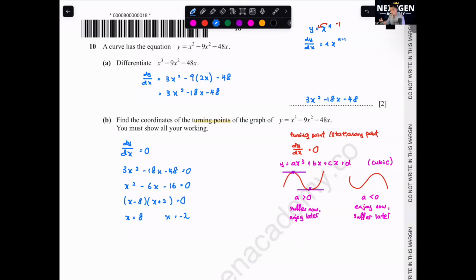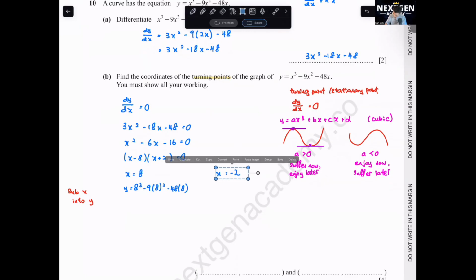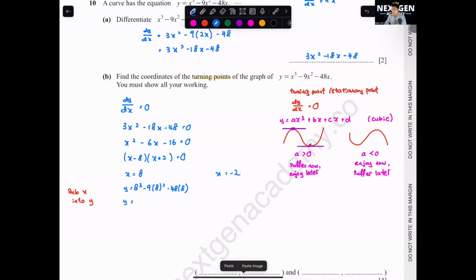You need to find your y value. To find the y value, you substitute the x into this equation. So y equals 8 cubed minus 9 times 8 squared minus 48 times 8. Give a bit more space here. The value for this, we just type the whole thing into the calculator. We will get minus 448.